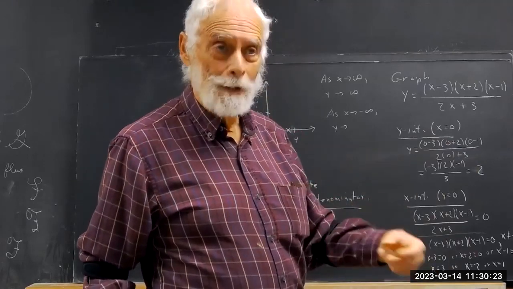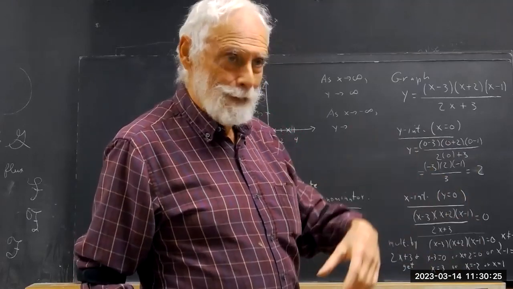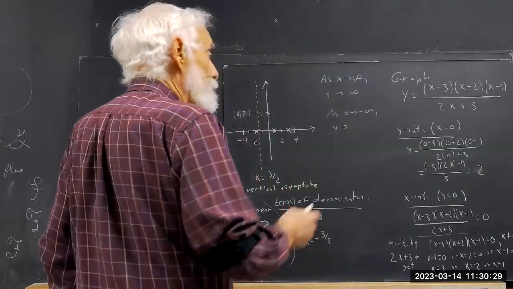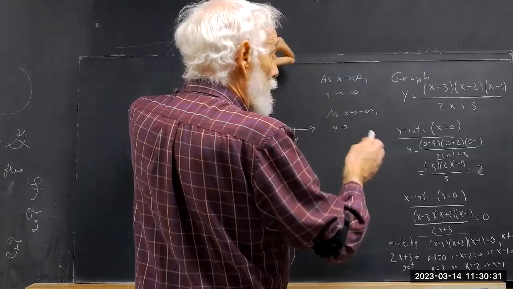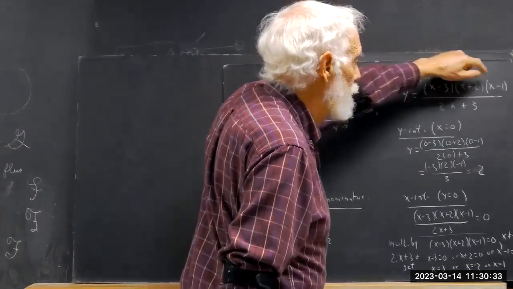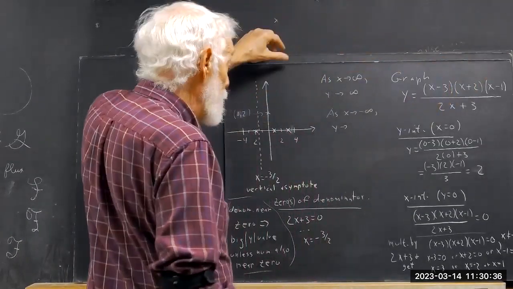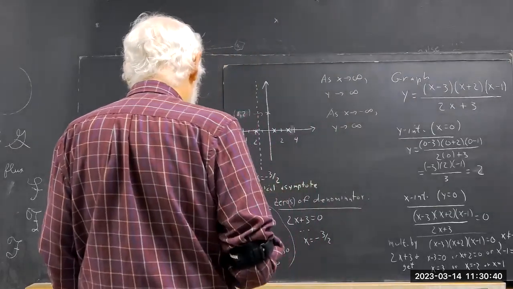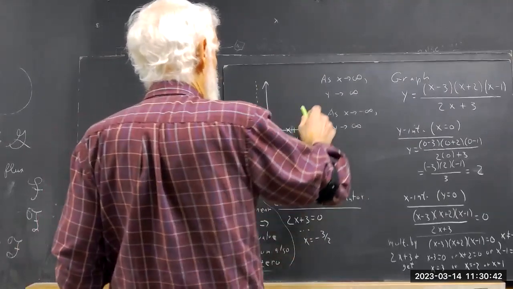Any two of them can be paired up and make it positive, so you get all positive, okay? And I'm not gonna wave my hands and explain that. It's pretty clear that if you got negative, negative, negative, and negative, that's a positive. Y goes to infinity.